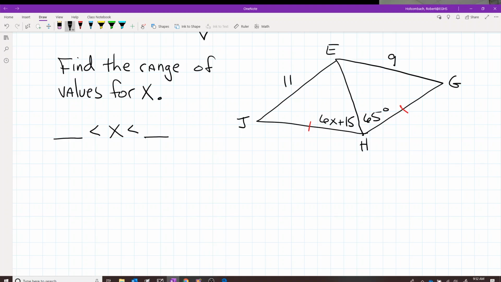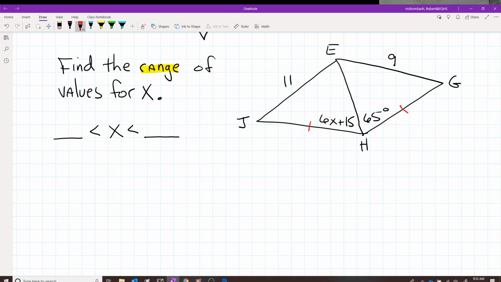It's a compound inequality. That's what your answer has to look like, which means you need a lower number on your range and you need an upper or higher number on your range. So in this case, we're trying to find the range of values for x.